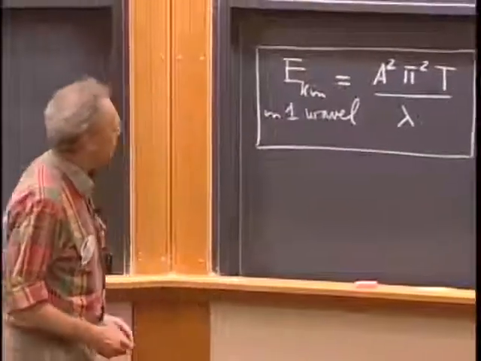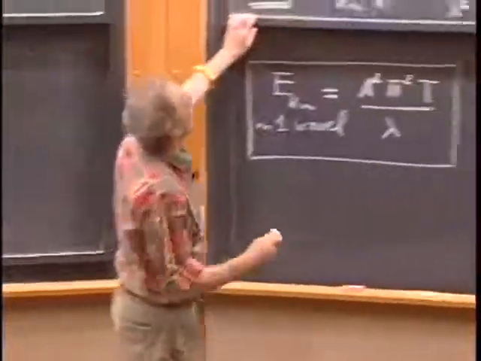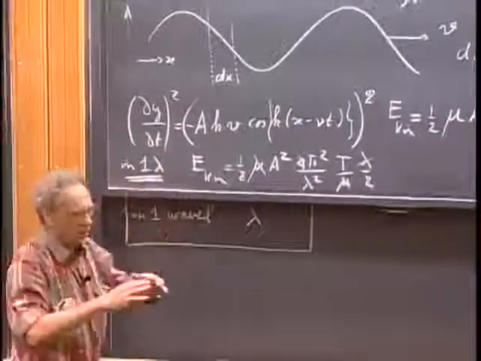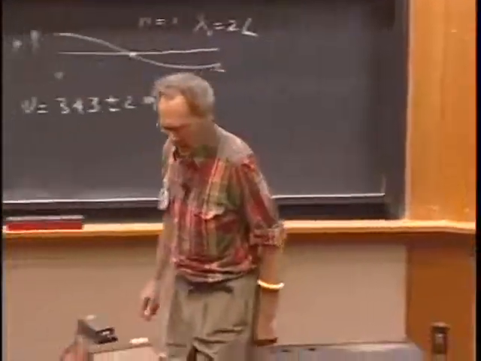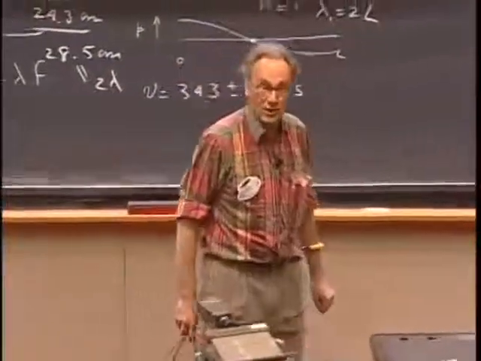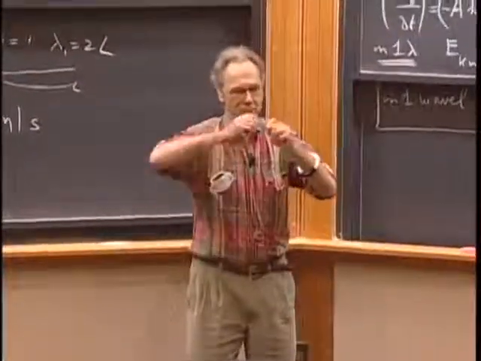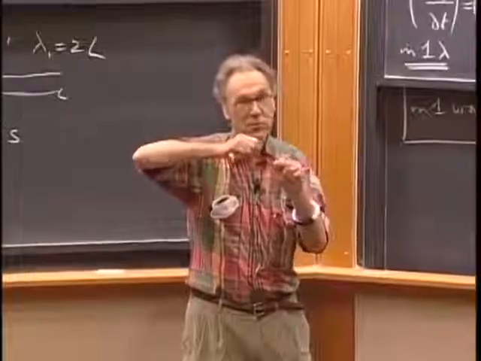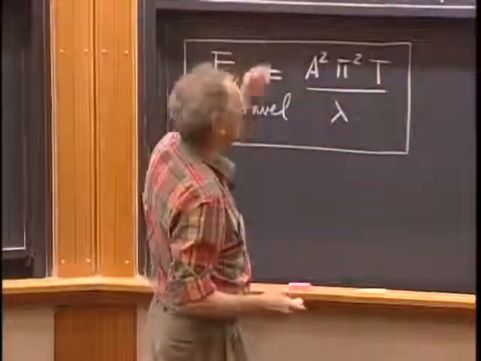Now clearly, there is also potential energy, because it takes energy to make that straight line into a curve. And that means work that you have to do. There's a tension and you have to stretch it. And so you have to do work to just get the shape.